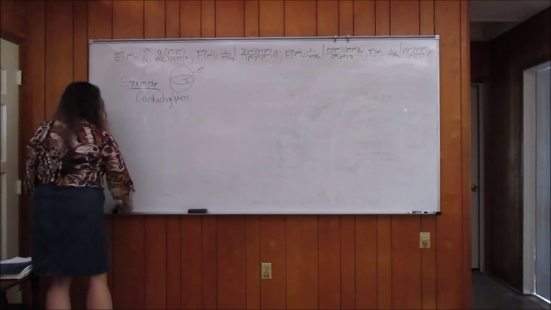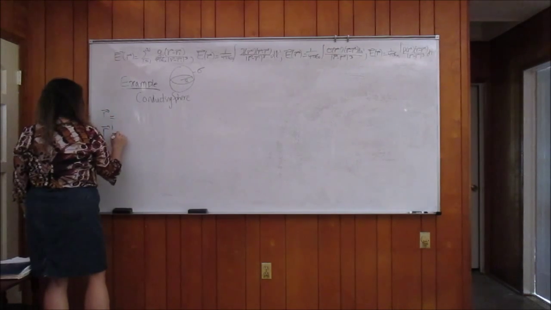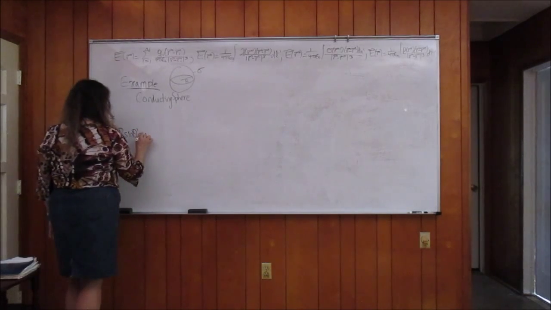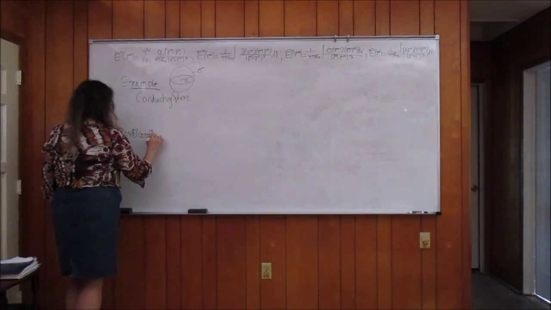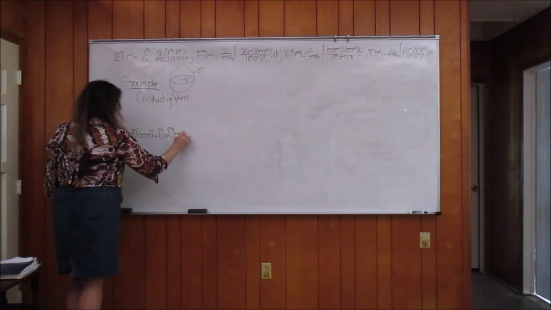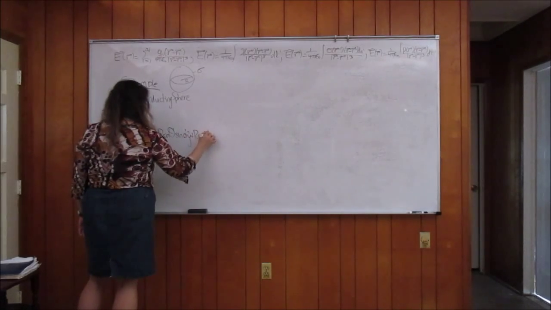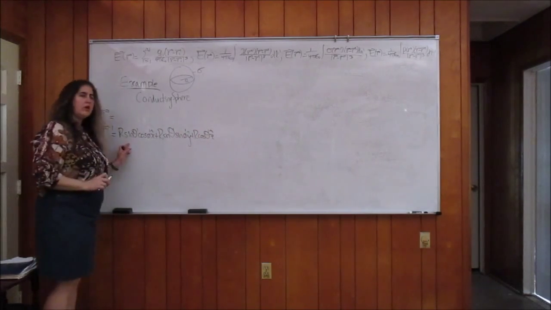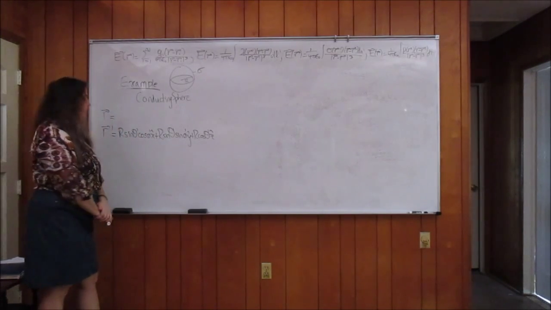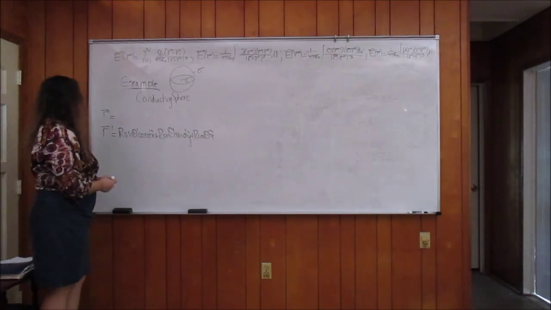Now let me move over a little bit more to the left so I have more room. I have r sine theta prime cosine phi prime in the x direction, plus r sine theta prime sine phi prime in the y direction, plus r cosine theta prime in the z direction.